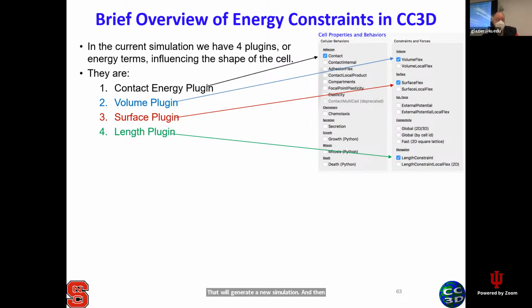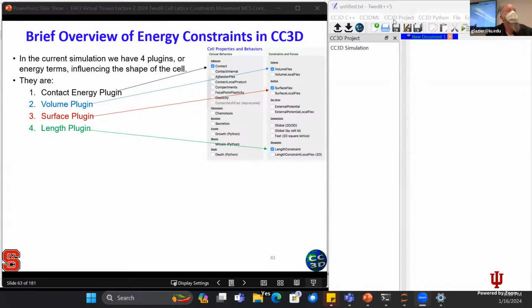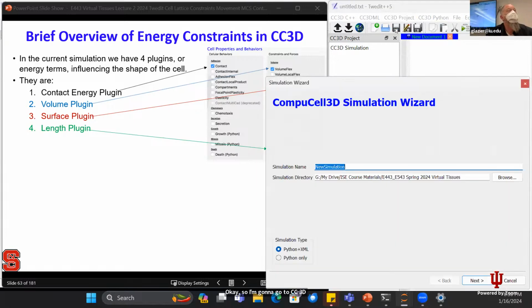And then you'll have to go back and do the same thing that we did just a minute ago, which is change the box min and box max and the width. So let's see if people can get that to work. And this time maybe I should do that in parallel with you so that we can have that together. Okay, so I'm going to go to CC3D project, new CC3D project, new simulation.